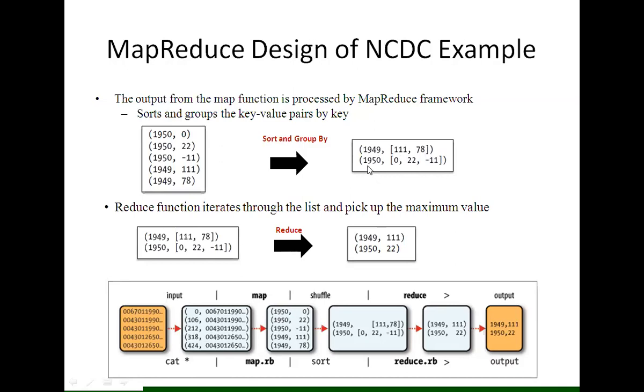Similarly, in 1950 three values are associated with it, and 22 is the maximum among 0, 22 and -11. So finally, the reducer logic will produce the outputs: for 1949, this is the maximum temperature recorded, and for 1950, this is the maximum temperature recorded.